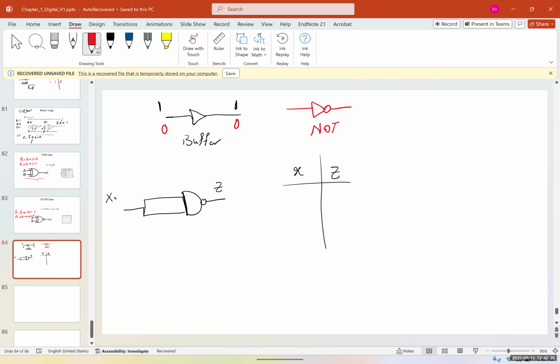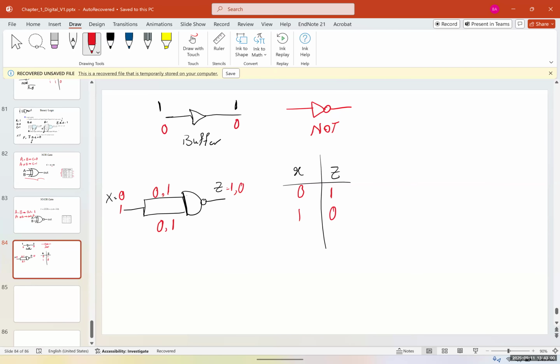So what is the answer to this? If X is 0, we're going to have 0, 0 in the inputs, and for 0, 0, the NAND would be 1. What if X is 1? Then we're going to have 1, 1 connected here, and Z would be 0. So if X is 0, Z is 1. If X is 1, Z is 0. This looks similar to another gate. What gate is this?